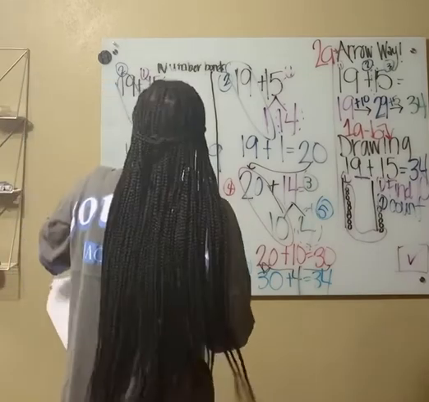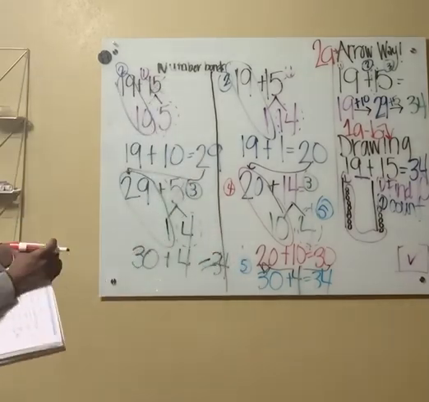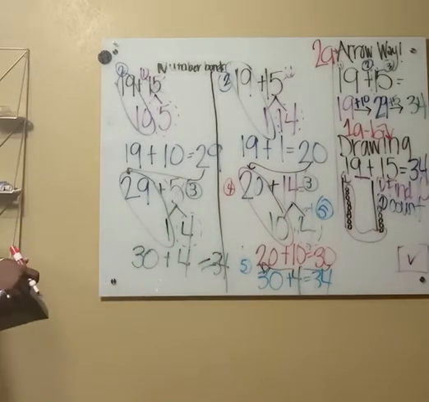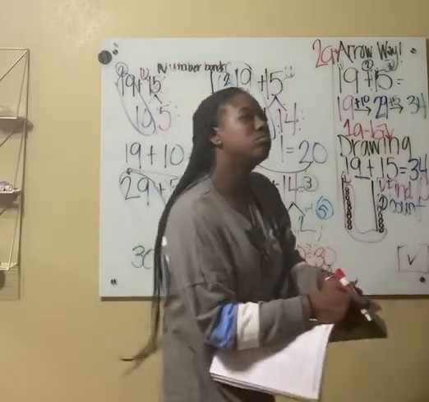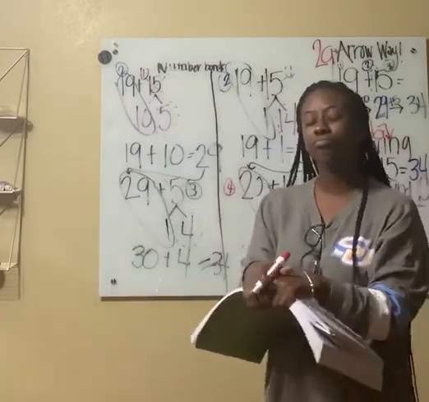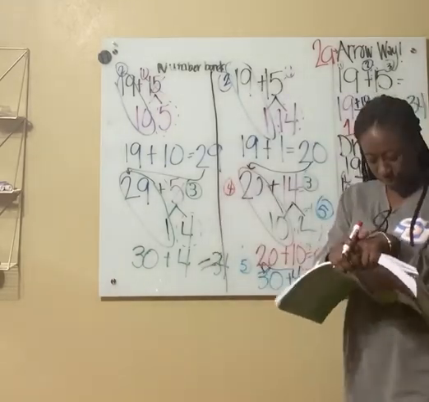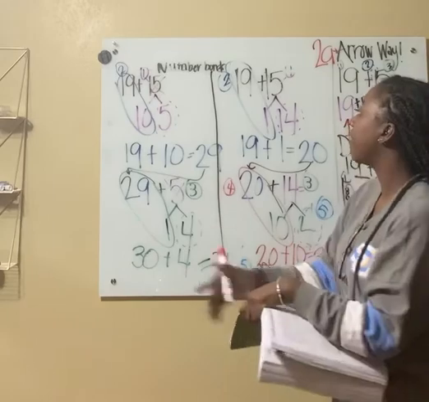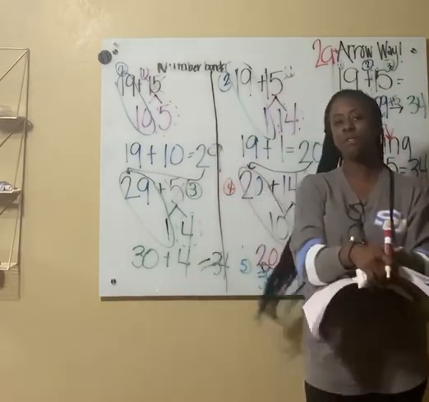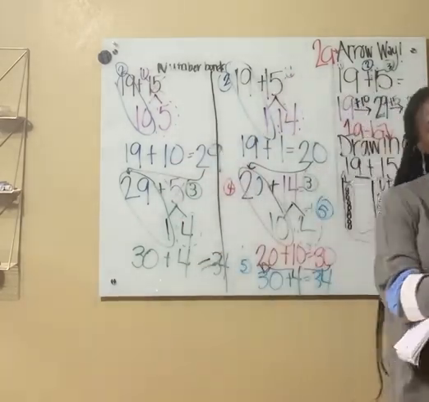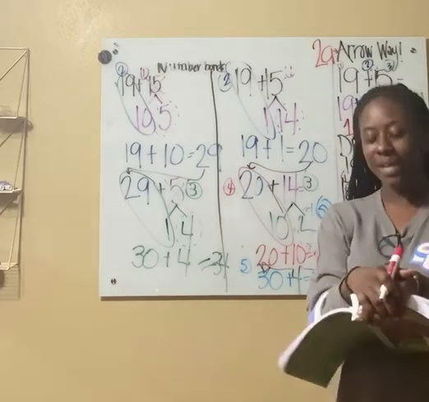So, if we look at C, C says 19 plus 21. What number will we break up? Correct, we break up 19. So if I broke up 19, what would I break it up into? If I wanted to break it up the first way that I did it, 10 and 9, that's right.